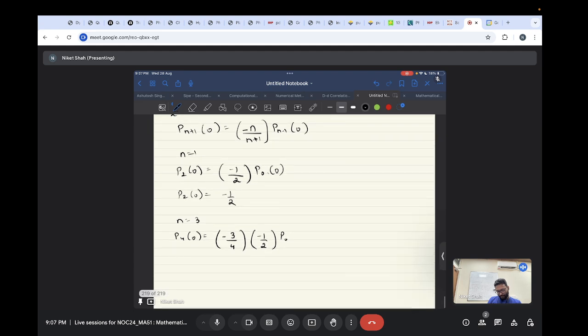So what I can do is, firstly, it's minus 1 raised to the power of n.